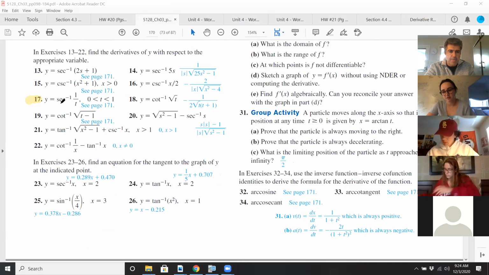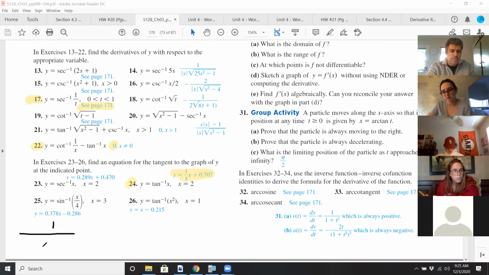Plus, I think maybe people might want to see that anyway. For some reason, the textbook does things in slope intercept form. I don't know why, but so 17 again. The formula is this: 1 over absolute value of u times the square root of u squared minus 1.